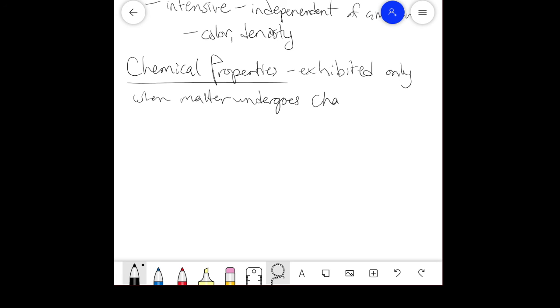Again, just like how chemical changes are when the substance changes, chemical properties are exhibited when it goes through that change. So like flammability or reactivity. Something you'd only see through a chemical change. So that's kind of that.